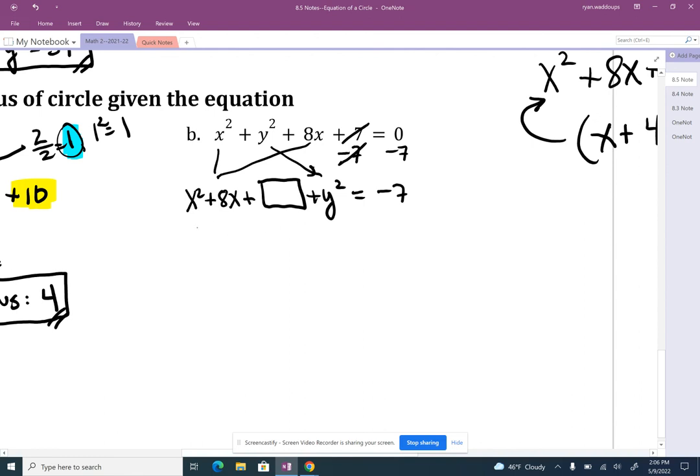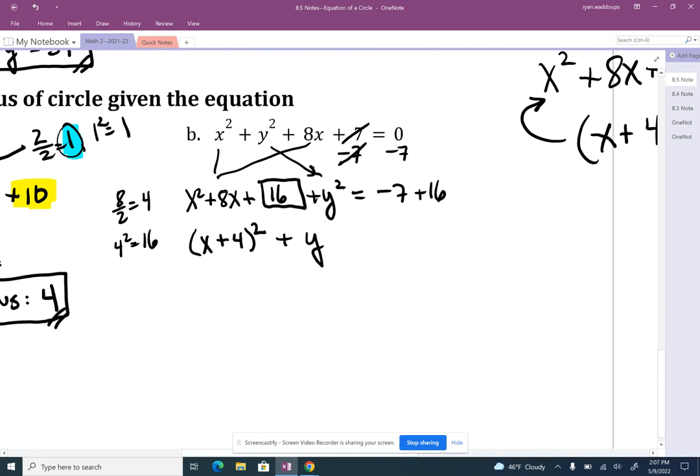So here I'm thinking, 8 divided by 2 is 4, and 4 squared is 16. So what I'm going to add on is 16, but I have to add it over here also, 16. And that allows me to say, okay, well, x then is x plus 4 squared plus y.